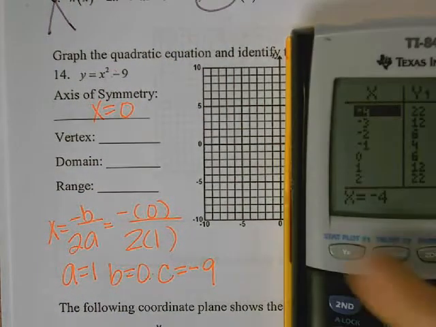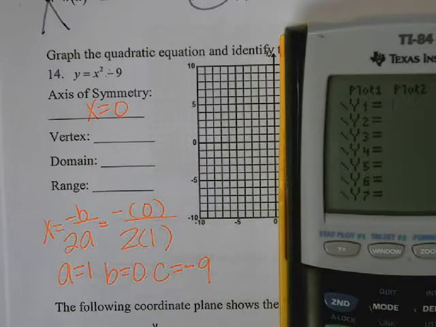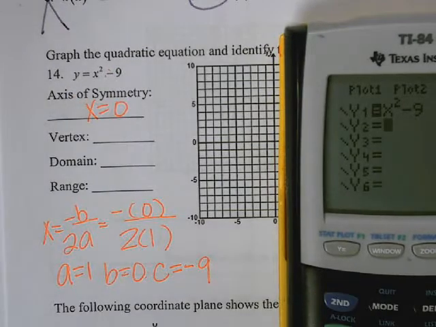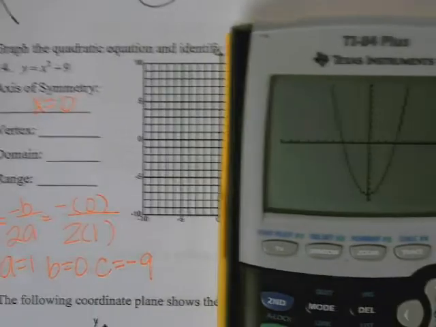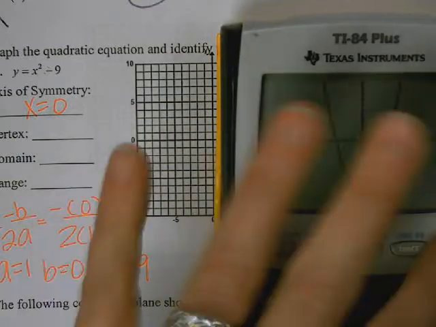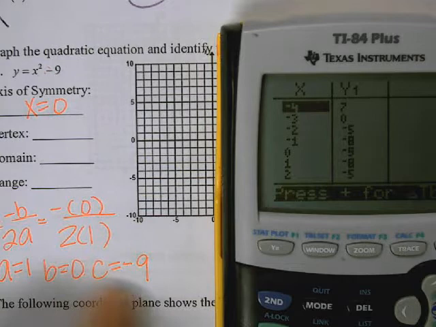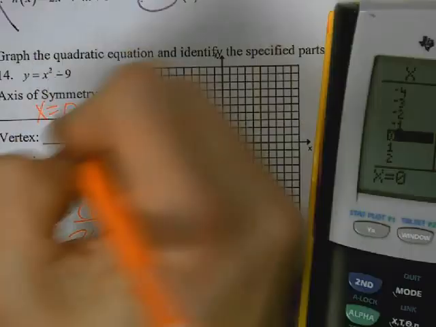Then we can go and find our vertex by going to y equals and typing it in on our calculator. It's x squared minus 9. And then go look at our table. Or we can look at our graph, but our graph is a little bit harder to read as far as points. If we wanted to actually graph this, so just go here. So the vertex, remember, is at 0 for x, so it's (0, -9).